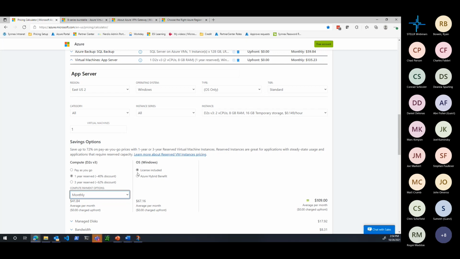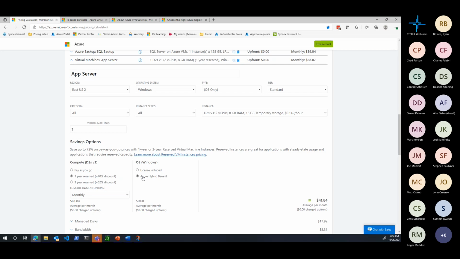Lastly, I want to talk about OS, and this applies to SQL as well. The hybrid benefit: in order to take advantage of it, you have to have a non-OEM Windows license that has software assurance active and up to date. Same thing with SQL. If you have software assurance active on those licenses, you can take advantage of the hybrid benefit.